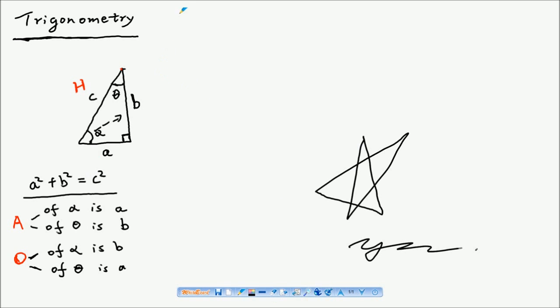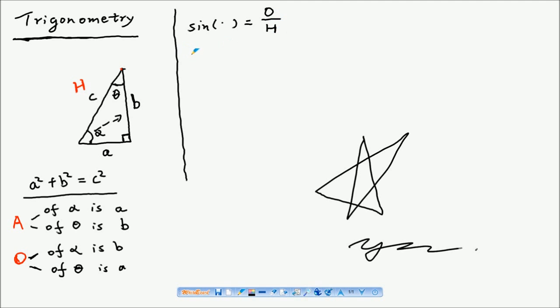Now, this is year 10 stuff, and here is also year 10 stuff. Sine of any angle equals the opposite of the angle divided by the hypotenuse.